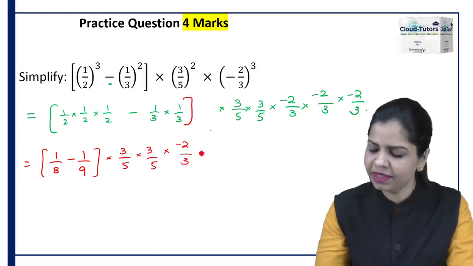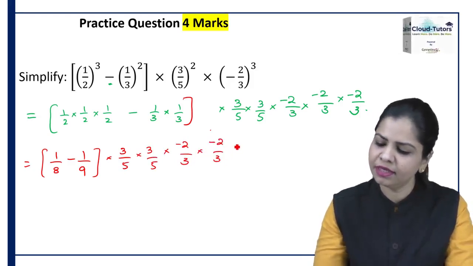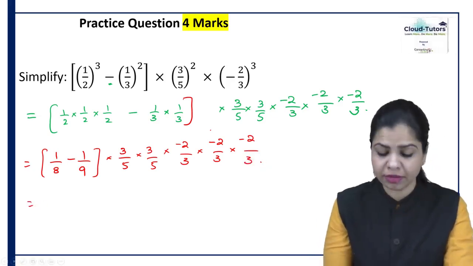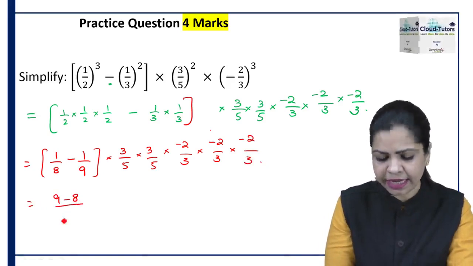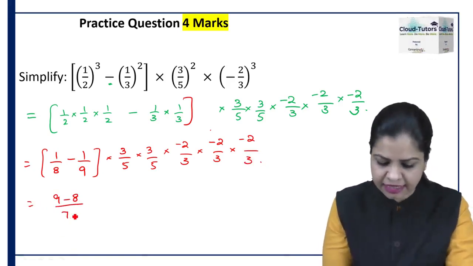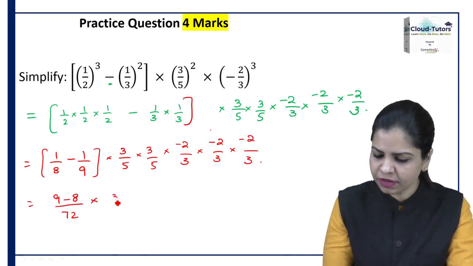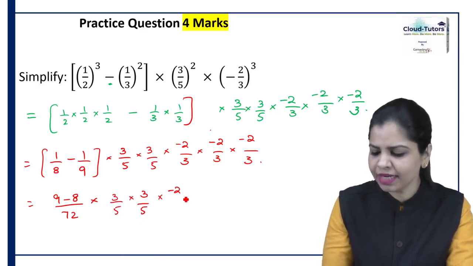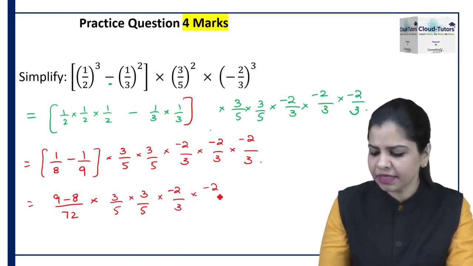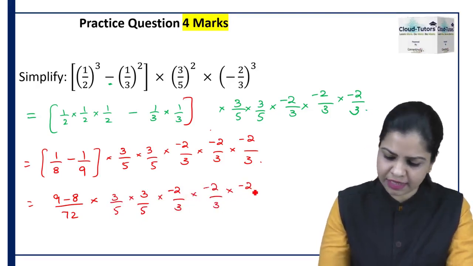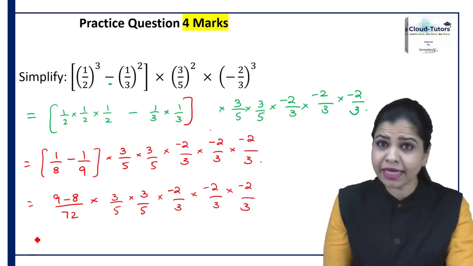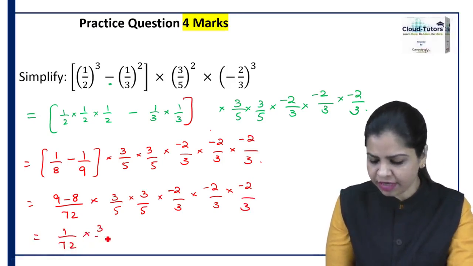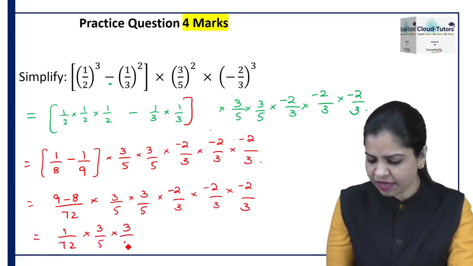Minus 2 by 3 into minus 2 by 3 into minus 2 by 3. If I use the cross multiplication method, it would be 9 minus 8 by 8 into 9, that is 72 into 3 by 5 into minus 2 by 3 into minus 2 by 3 into minus 2 by 3. 9 minus 8 is 1, so 1 by 72 into 3 by 5 into 3 by 5.